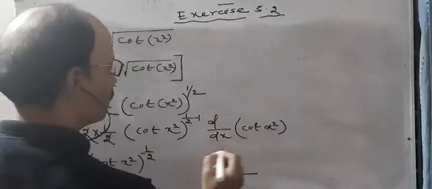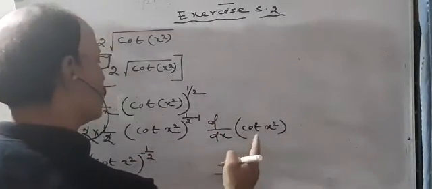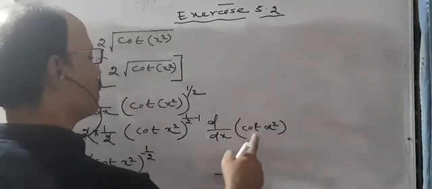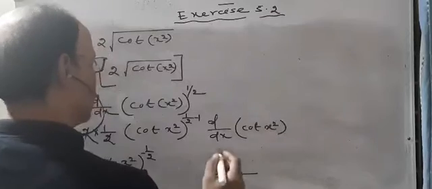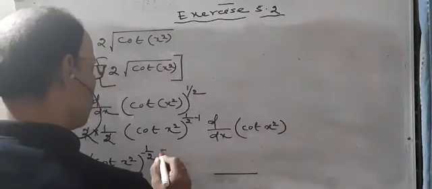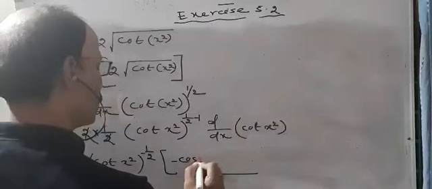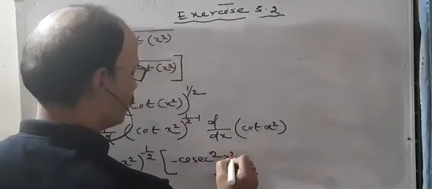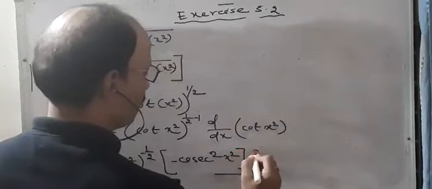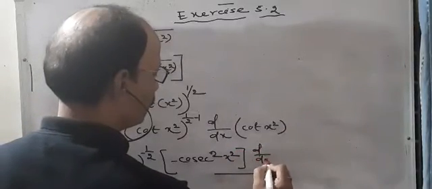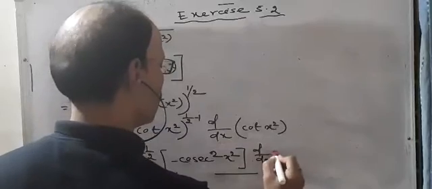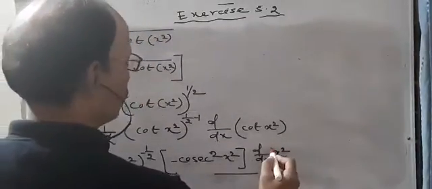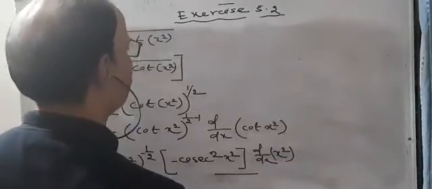So d/dx of cot x square: the differentiation of cot x will be minus cosec square x, where x means here x square. Then d/dx of x square, the polynomial function.